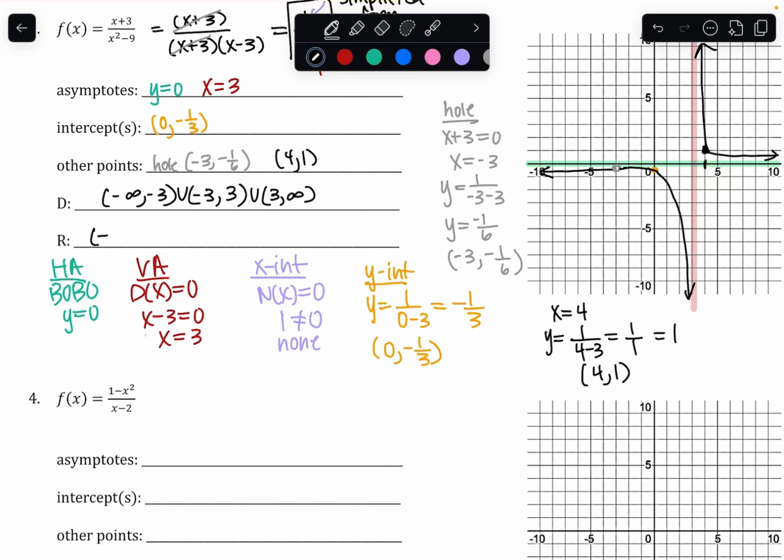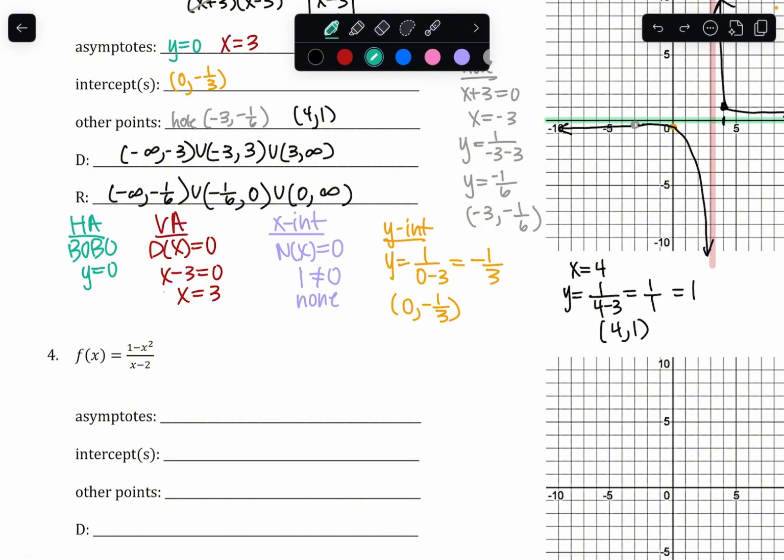And so we're going from -infinity to -1/6, and then pick back up on the other side. And then we have to skip over the horizontal asymptote, which is sitting at y equals 0. And then pick back up on the other side, and then it goes on to infinity without any more interruptions.